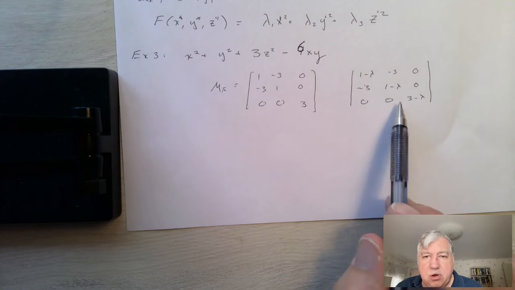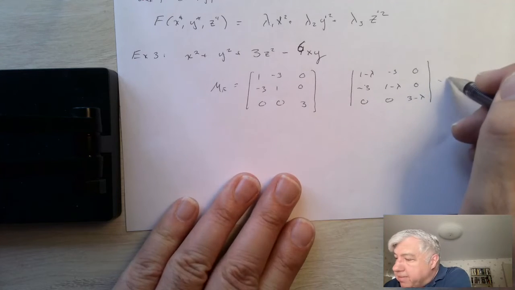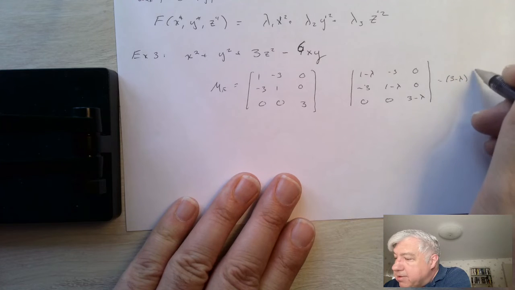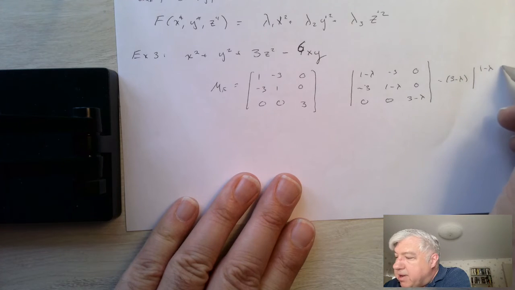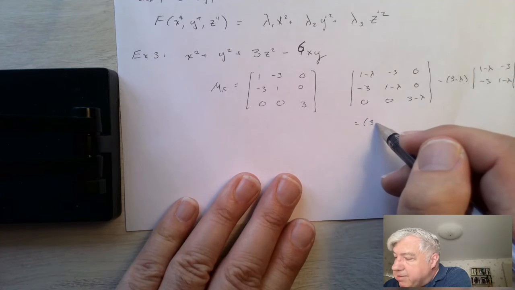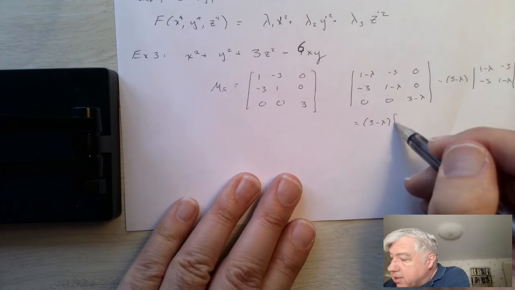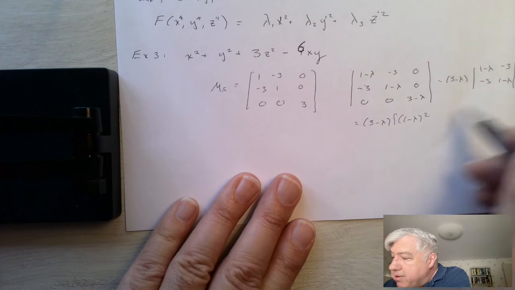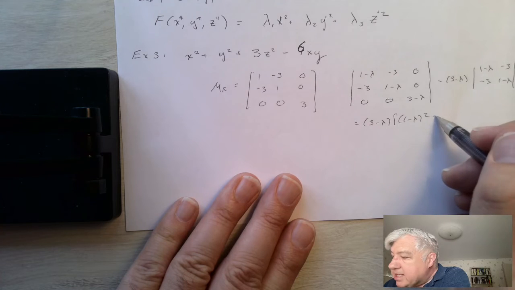We get 0 minus 0 plus (3 minus lambda) times the determinant of 1 minus lambda, negative 3, negative 3, 1 minus lambda, which is (3 minus lambda) times ((1 minus lambda) squared minus 9).